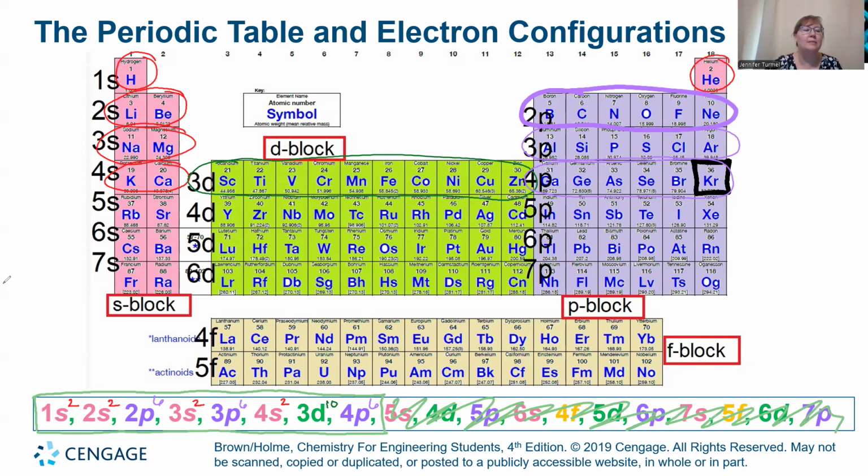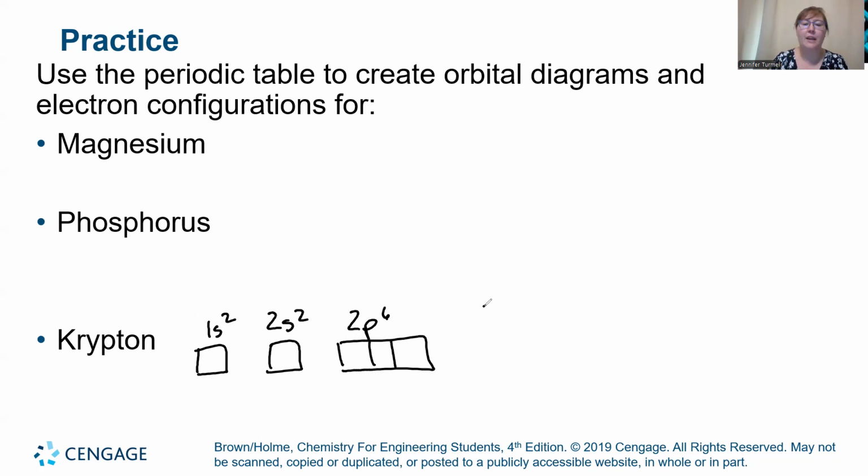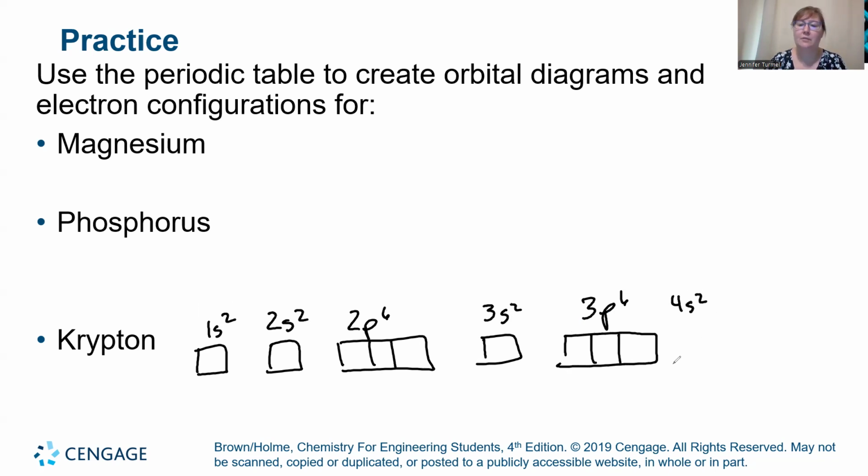So let's go ahead and from there, toggle back to krypton. Okay, and we can make our orbital diagrams for that one. So we had 1s2. This is just what we came up with on the other thing. And then 2s2 and 2p6 and 3s2 and 3p6 and 4s2.